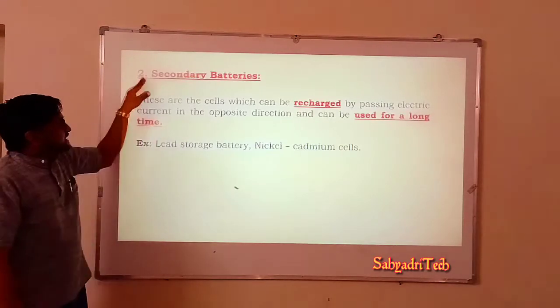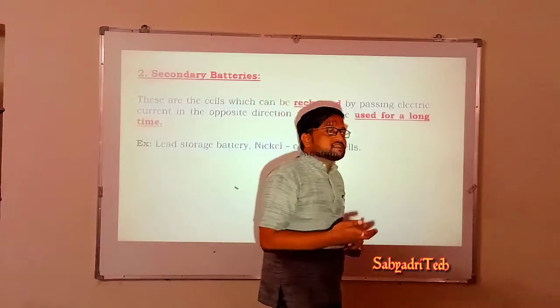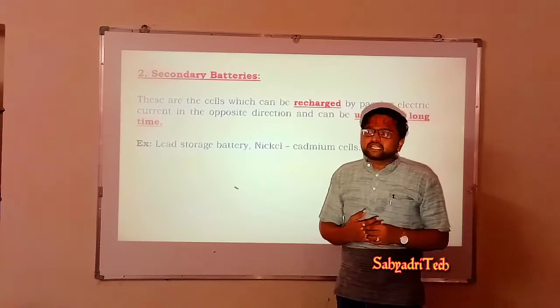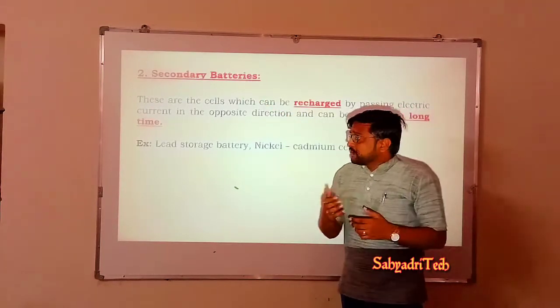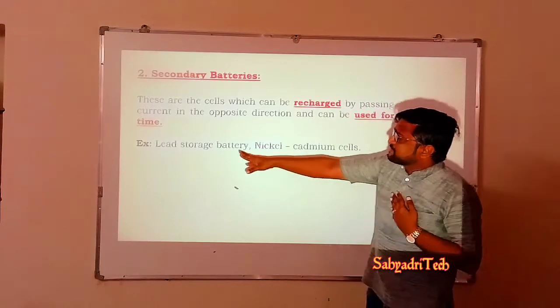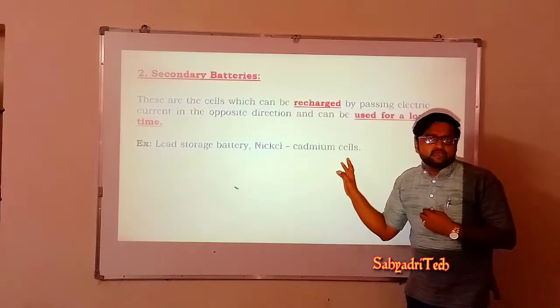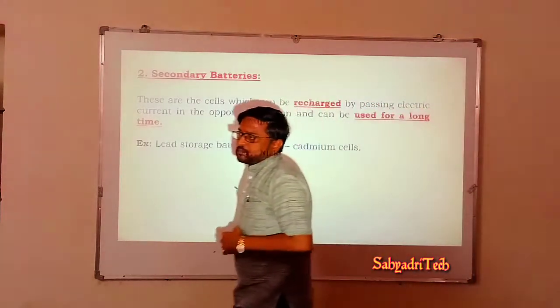So secondary batteries are the batteries which can be recharged and reused again and again. Examples for secondary batteries are the lead storage battery and the nickel cadmium cell. These are well-known examples.